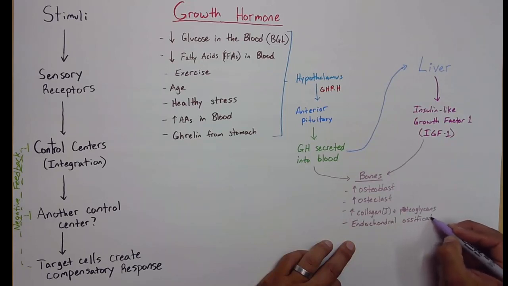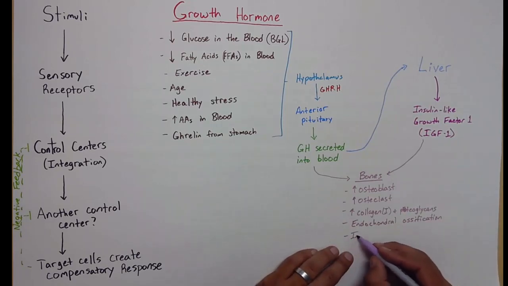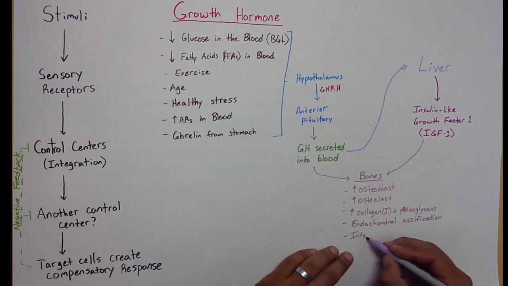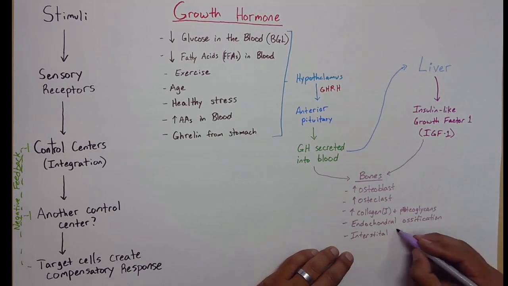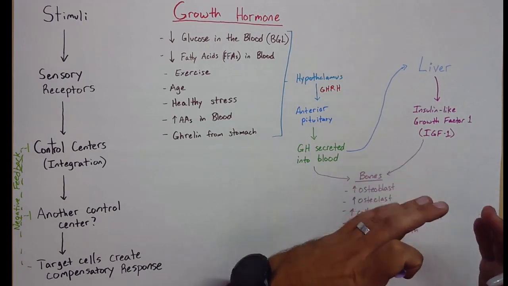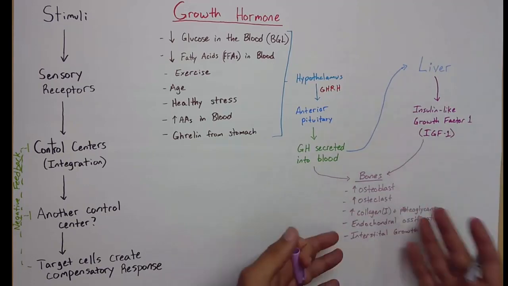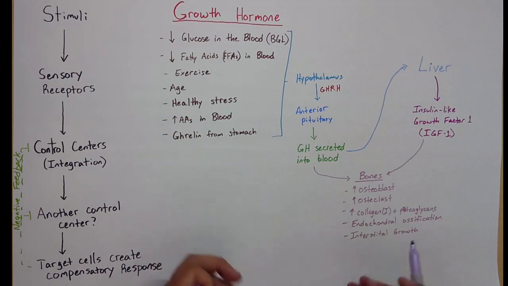And also the length of the bones, which if you recall is called interstitial growth. So now growth of bones is both bigger in width and longer in length, which, especially in a kid, is pretty important to be getting bigger bones to be able to support your body.